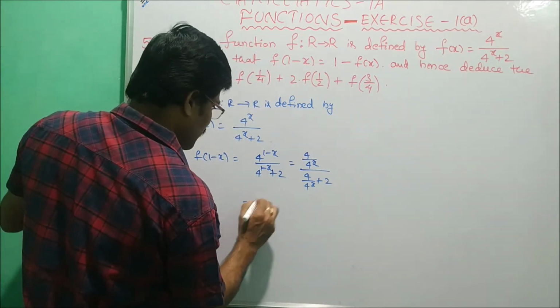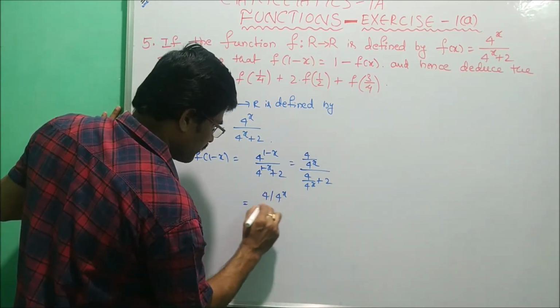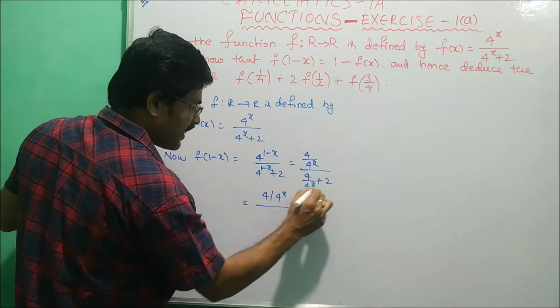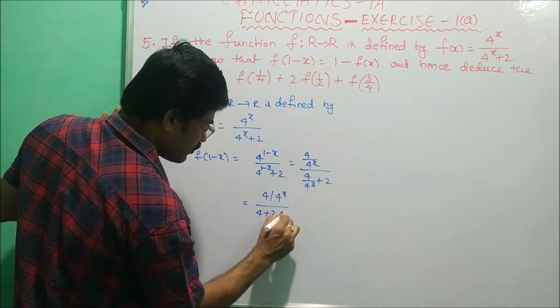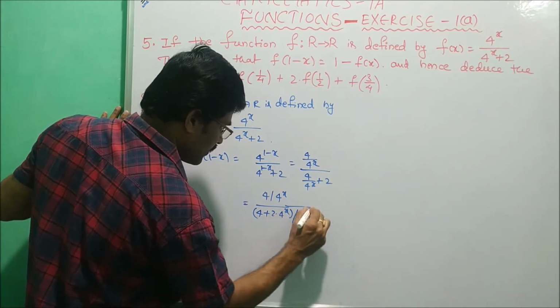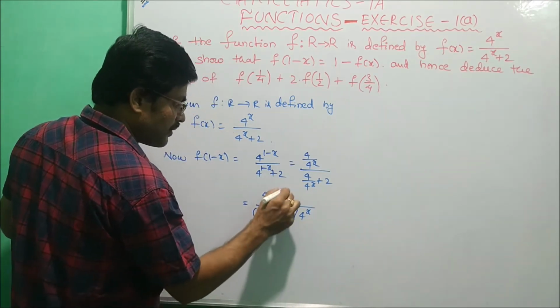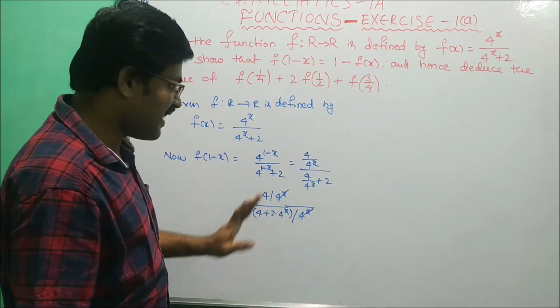In this we have to observe 4 by 4^x whole by, we have to take LCM: 2 into 4^x. So 4 plus 2 into 4^x whole by 4^x. In this both numerator and denominator 1 by 4^x will be cancelled.